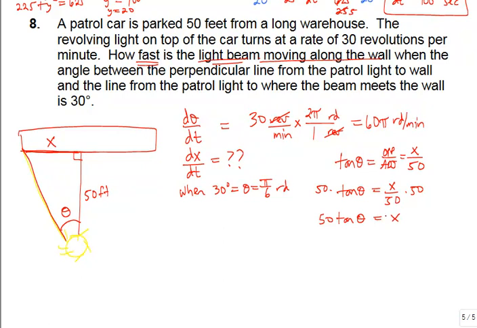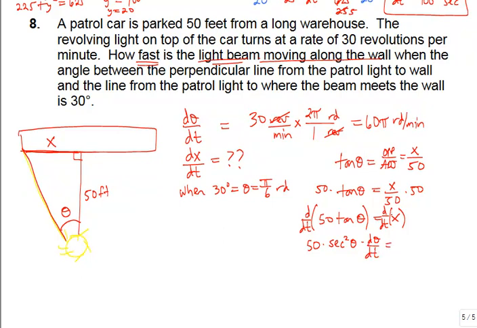Now at this point, we're ready to get our derivatives involved. So I'm going to take the derivative with respect to t of the left side and the derivative with respect to t of the right side. Now that 50 will just stay there because it's a constant multiplier. The derivative of tangent is secant squared, so the derivative of tangent theta will be secant squared theta, and the derivative of the theta becomes d theta dt.